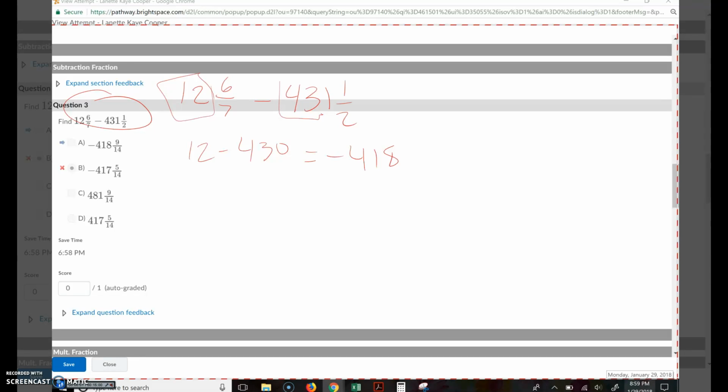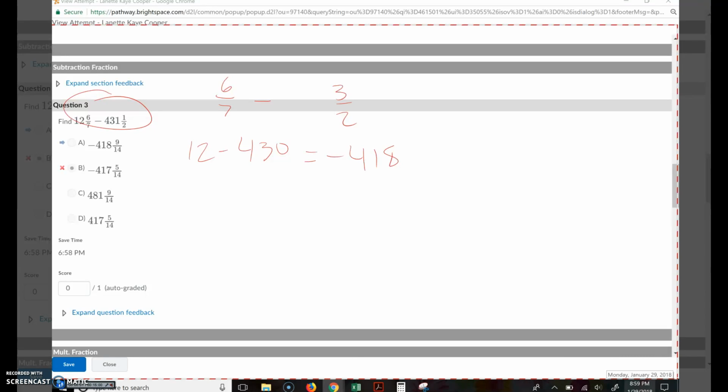Okay. Now what we're left with up here is 6/7 minus 1.5, which can also be written as 3/2, right?